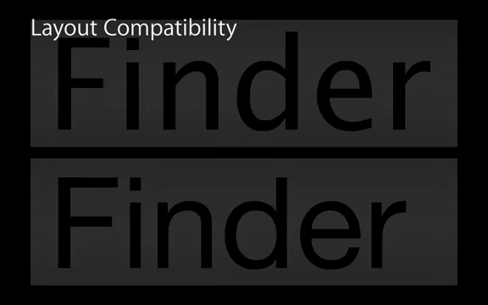Here you can see the two on top of each other, and you can see this difference more dramatically. You see the F in particular is thinner in Lucida Grande and wider in Helvetica Neue, but almost all the other letter forms, except maybe the D, are actually considerably shorter. So layout compatibility, that's a big topic. It's an important topic.